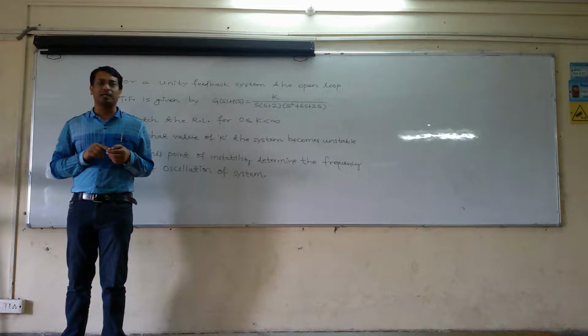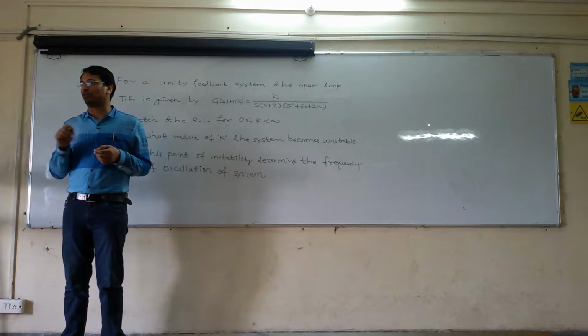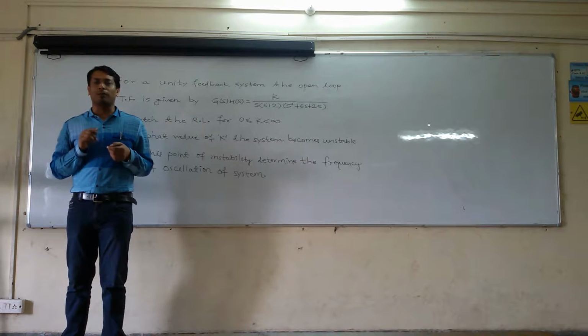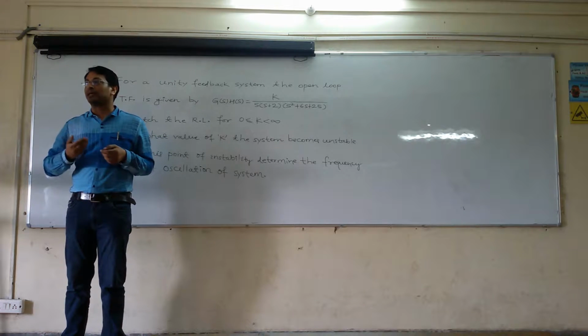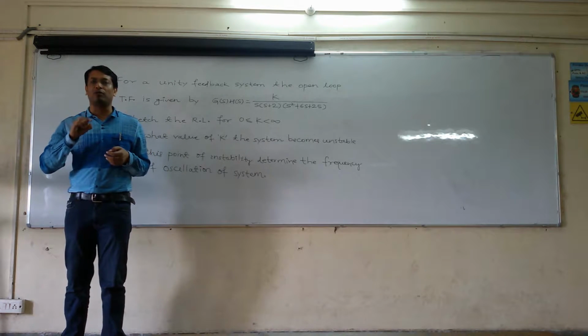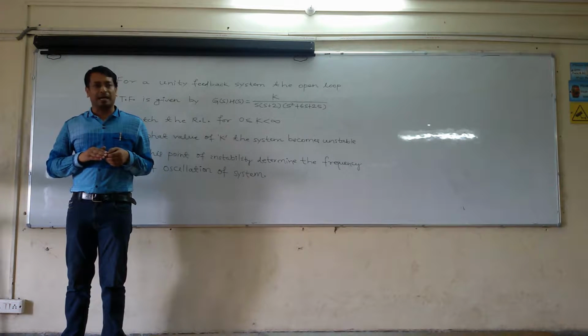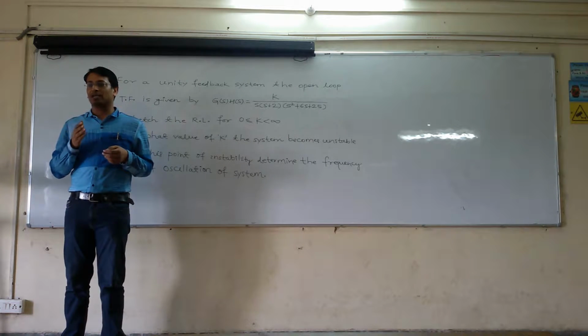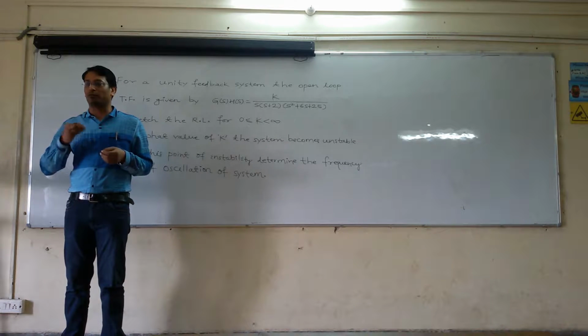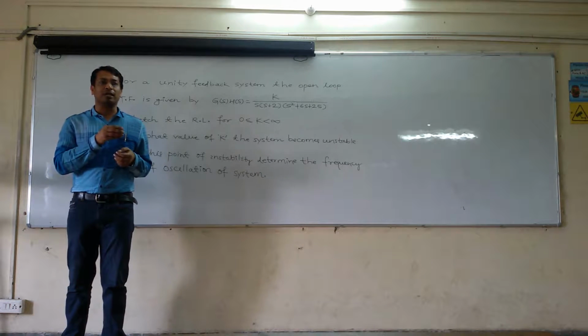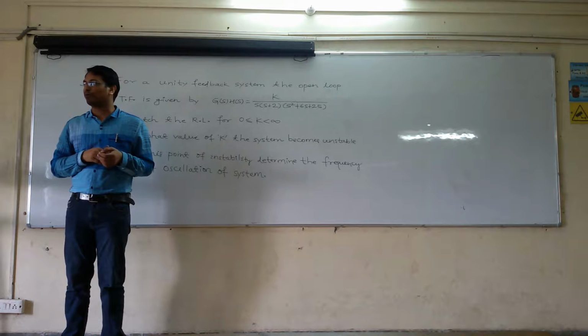If there is, put that particular first element equal to 0, and we will get a value of k that is known as k marginal. This means that at this value of k, your root is going to lie on the j omega axis. Correct? And corresponding to that, if you put that value of k in your given equation, you will get the corresponding value of s.